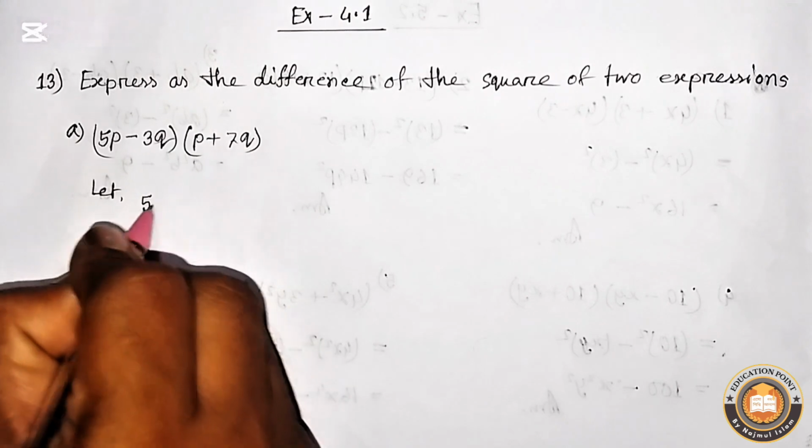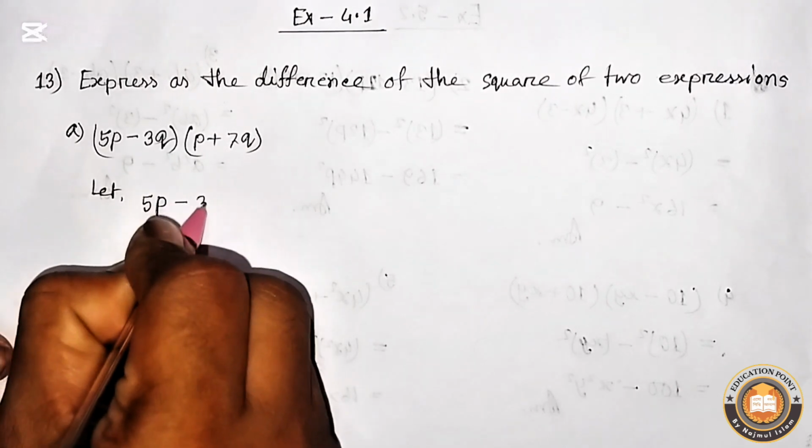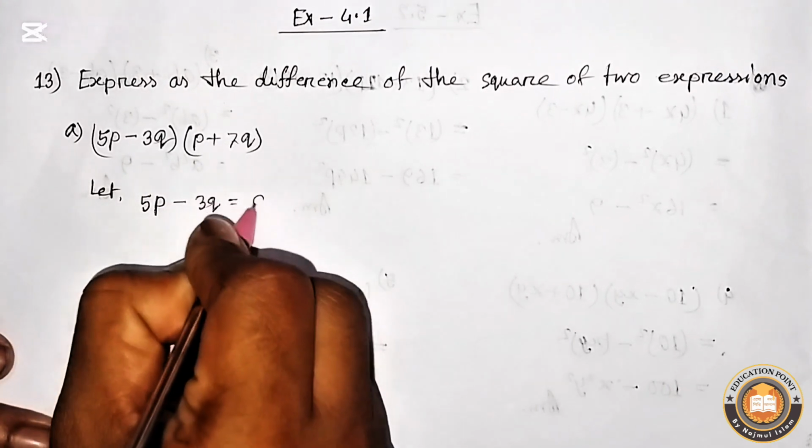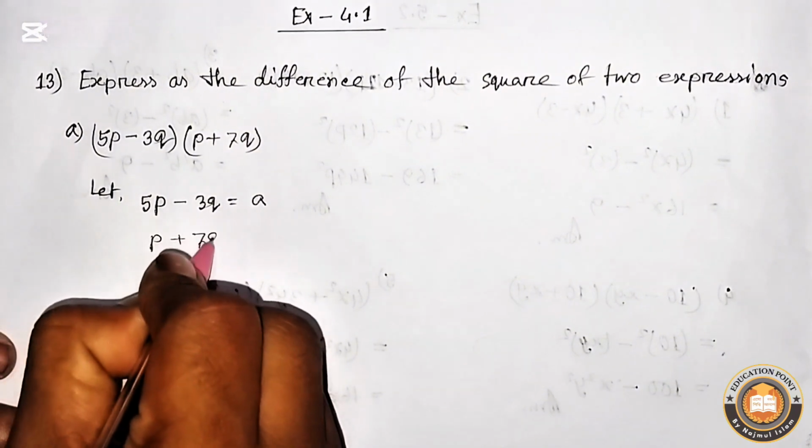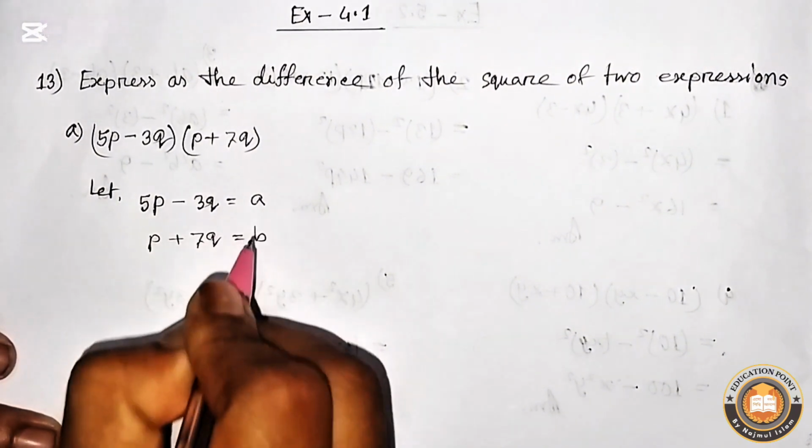Number A, (5p minus 3q) into (p plus 7q). Let 5p minus 3q equal a and p plus 7q equal b.